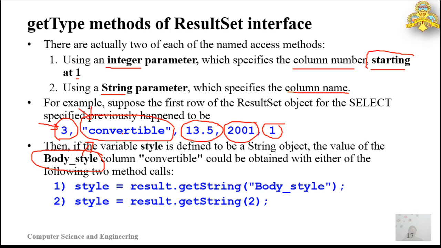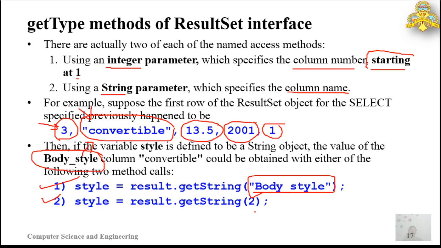If this is the case, then I can write Java code to extract the value convertible from the second column, which is named body underscore style, in two styles. In the first style, since I know the actual name of the column, I can give it directly like this: result get string.